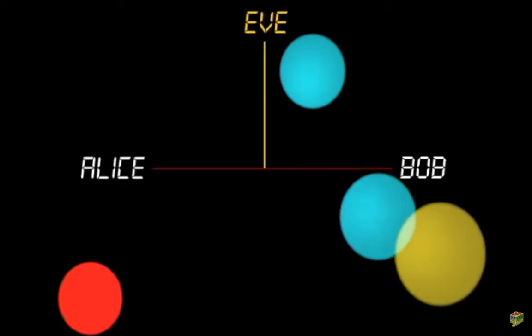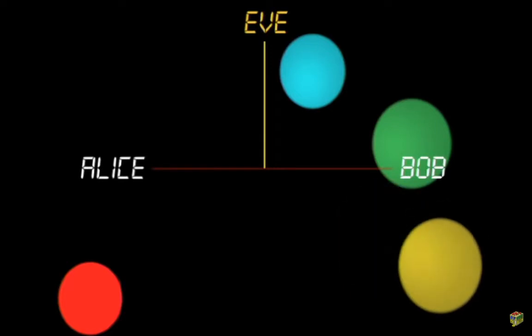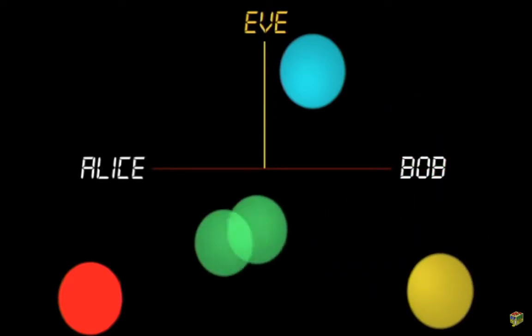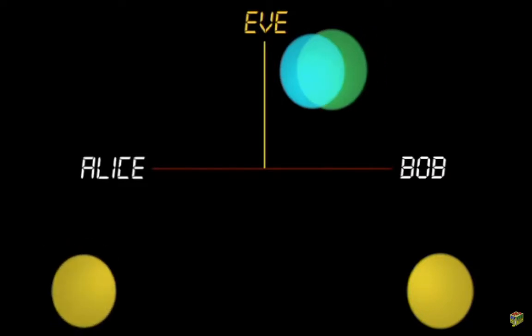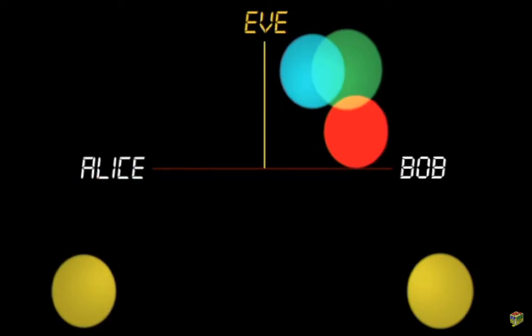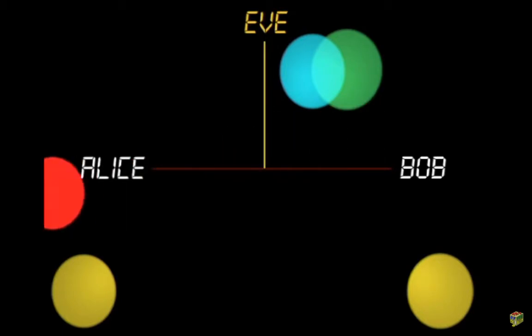He mixes this with her public color and sends the resulting mixture back to Alice. Now, Alice adds her private color to Bob's mixture. This undoes the effect of her public color, leaving her with Bob's secret color. Notice Eve has no easy way to find Bob's yellow since she needs Alice's private red to do so. This is how it should work.